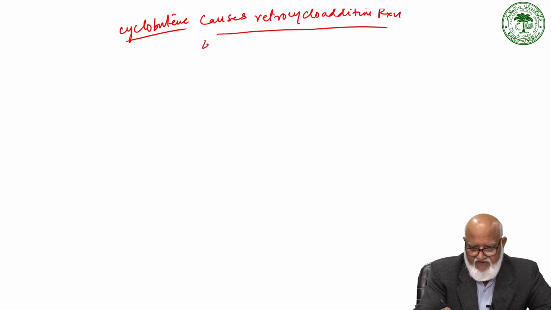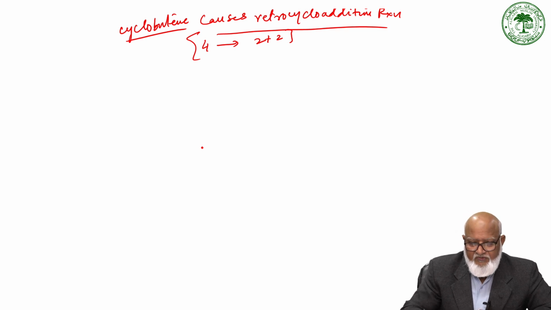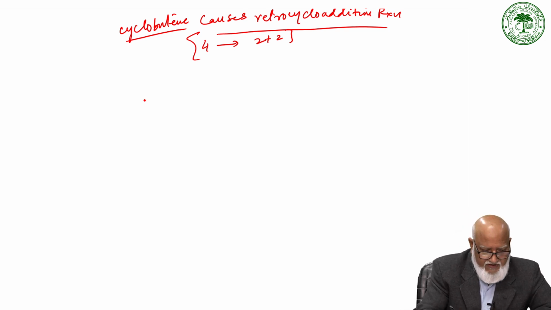Retrocycloaddition means the 4 going to 2 plus 2. Quite a few examples of this type are available.